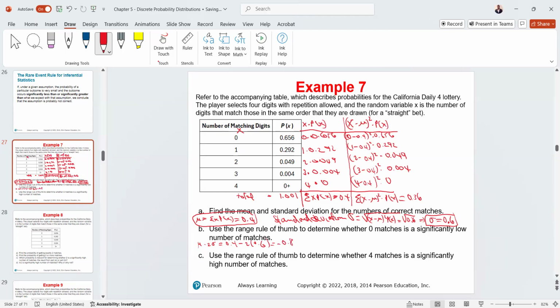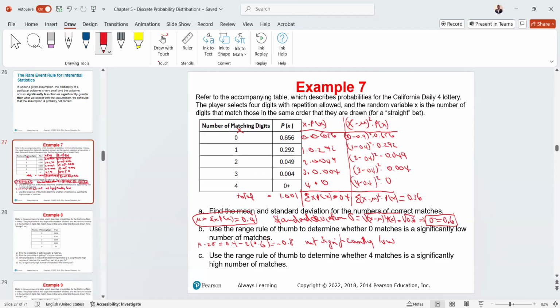So 0 matches is not less than or equal to negative 0.8, it is not significantly low, because 0 was supposed to be less than that. I'm going to say not a significantly low number of matches, because 0 matches is not less than or equal to negative 0.8, right?